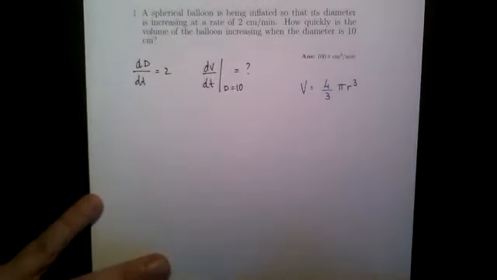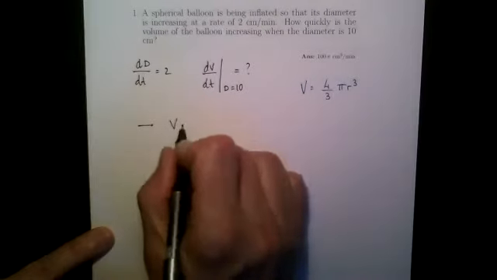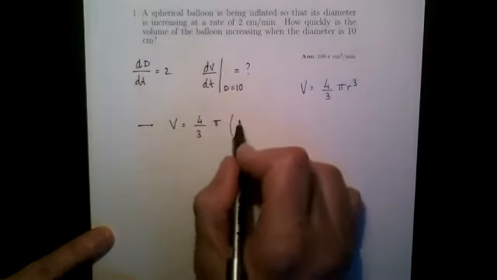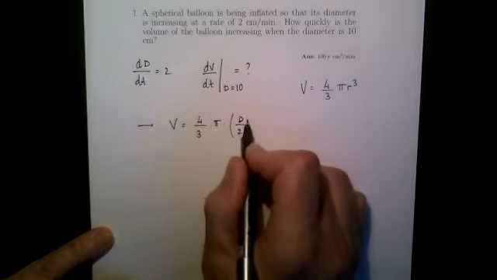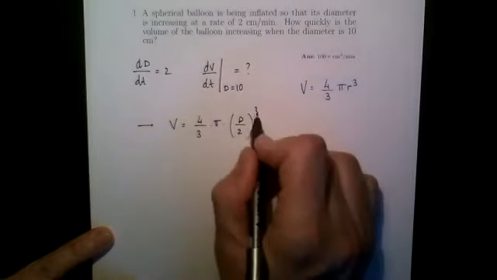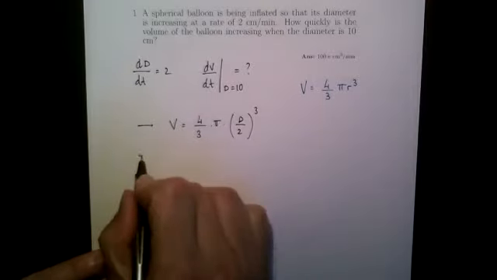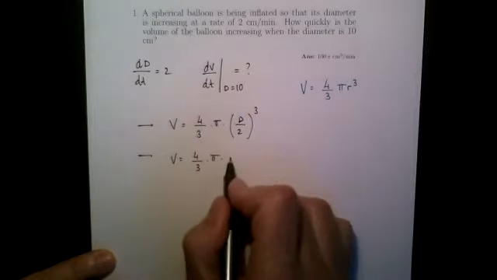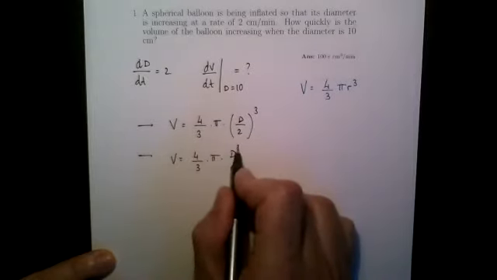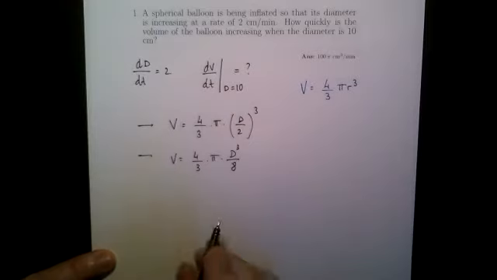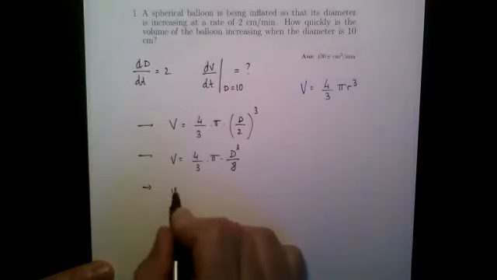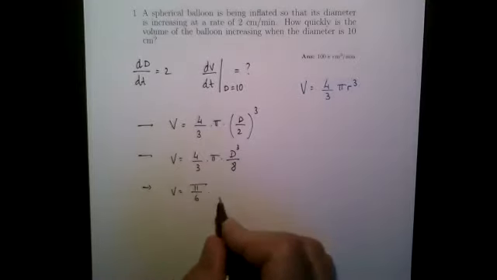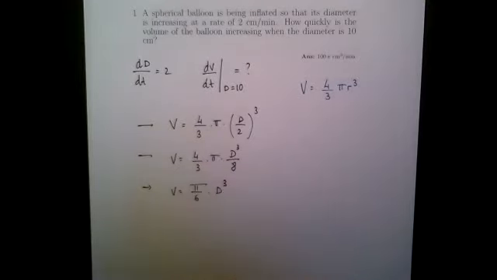So basically we have V, volume, is 4/3 pi times diameter over 2, which is radius, cubed. That means that the volume is 4/3 pi times d cubed over 8. And therefore V will be pi over 6 times d cubed.